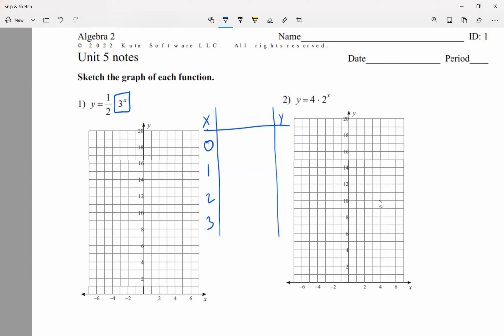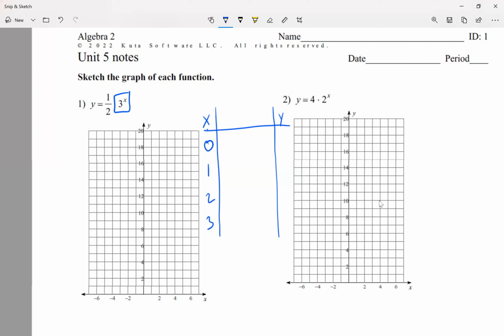Now, if my base is less than 1, still positive, but less than 1, I'm talking about fractions, I'm going to go backwards. So 0, -1, -2, -3. All right, so again, when the base is positive more than 1, I go up. When it is a fraction, the x that I choose, I'm going to choose negatives. And the reason why is because negative exponents undo fractions.